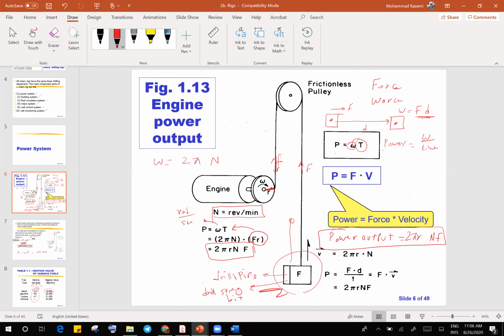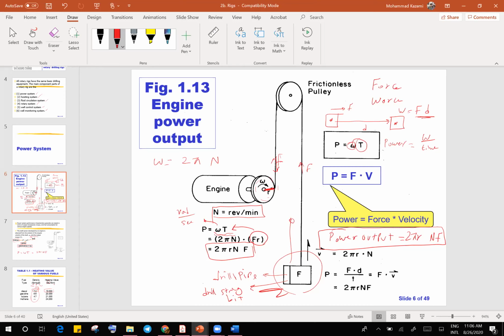And the power for this engine is omega multiplied by torque, right? Omega is the angular velocity of this shaft. This is the shaft, right? R is this radius here. So this rotates and produces a power, omega multiplied by torque.